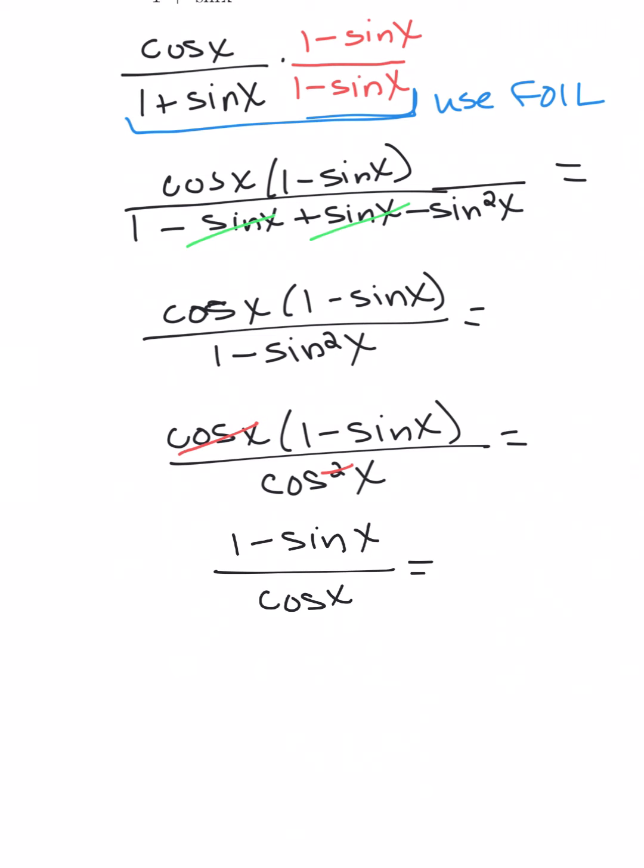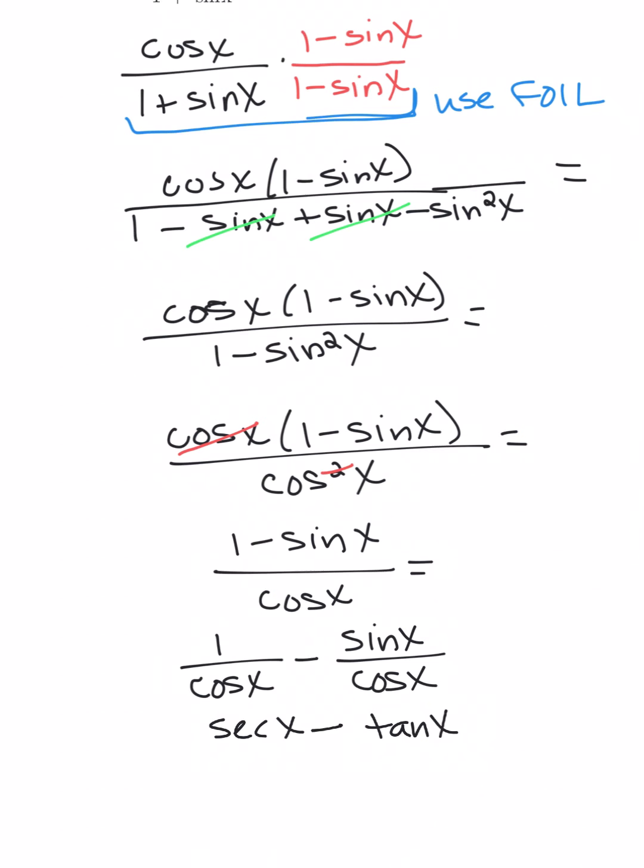We can rewrite that single fraction as two separate fractions that are 1 over cosine of x minus sine of x over cosine of x. What do you know about 1 over cosine? It equals the secant of x, and sine over cosine equals the tangent of x, and that's what we were trying to get to. So our proof is complete.